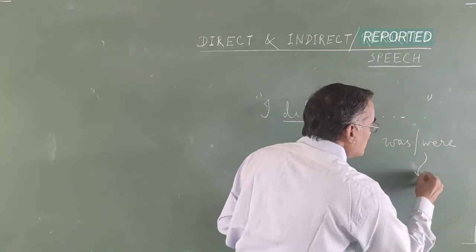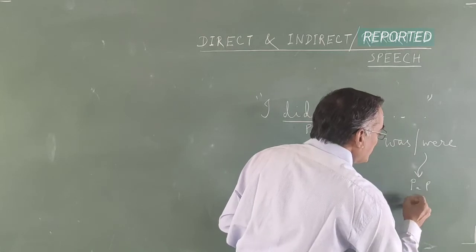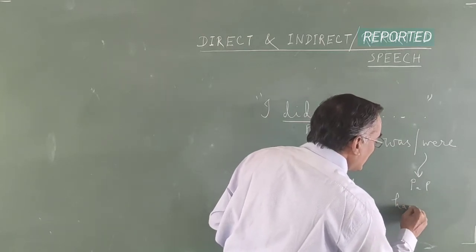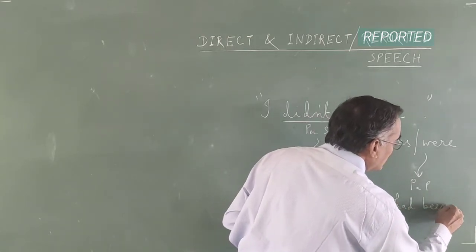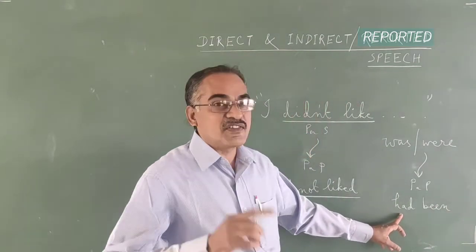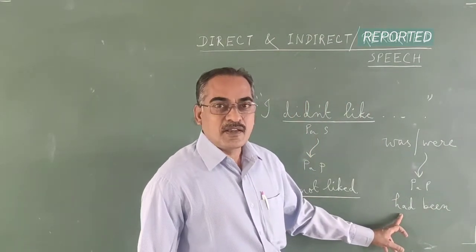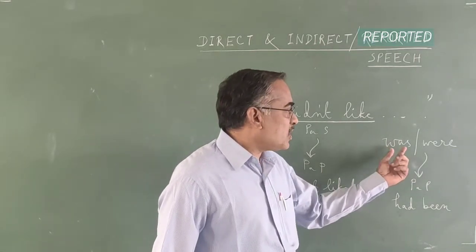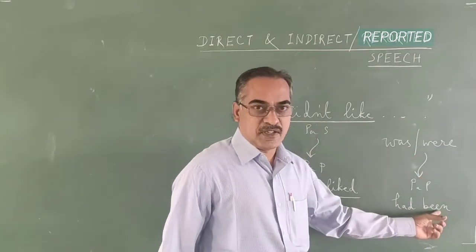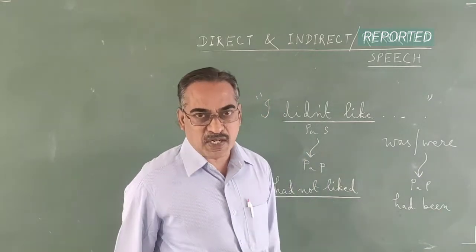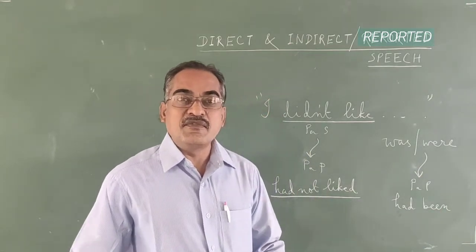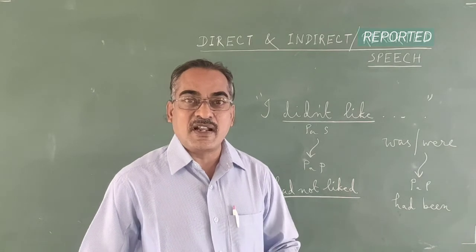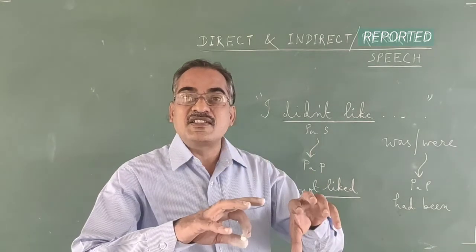When they are changed into past perfect form, they should be written as had plus been. You know, it's the combination of had plus PP3 in past perfect. Had is written here, and PP3 of was or were is been. So what we should write is had been when we come across was or were in the sentence that is in direct speech.